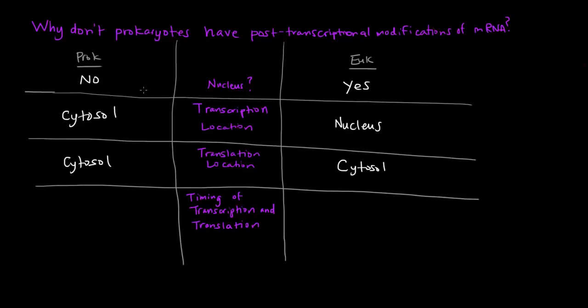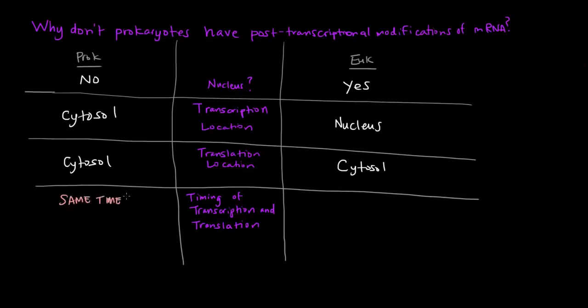Because we have to think about the timing of transcription and translation. In prokaryotes, transcription occurs in the cytosol and translation occurs in the cytosol. So as soon as an mRNA is transcribed, the ribosomes in the cytosol can hop right on and begin translating away. So the timing in prokaryotes is at the same time.